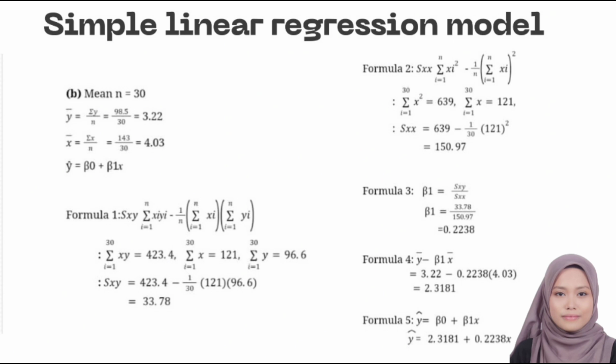33.78. We move on to formula 2, which is Sxx equals summation of xi to the power of 2 minus 1 divided by n, open bracket summation of xi close bracket to the power of 2.